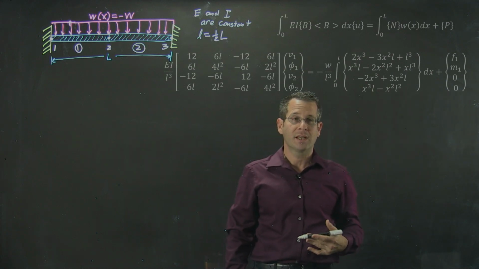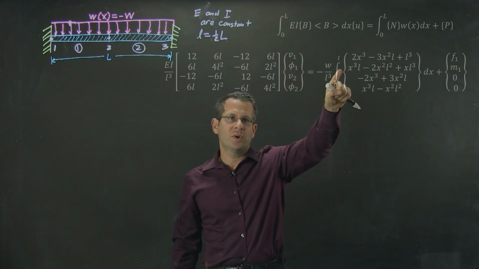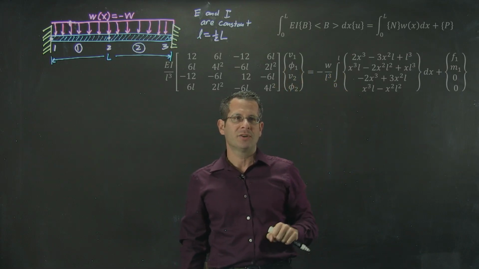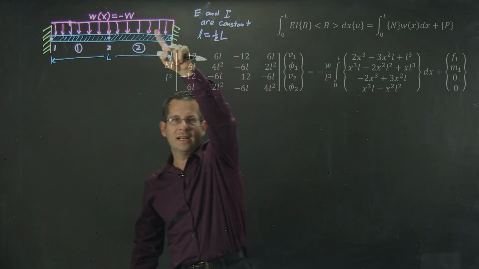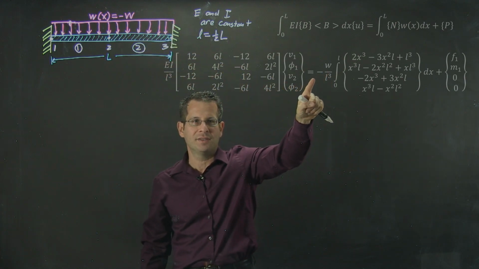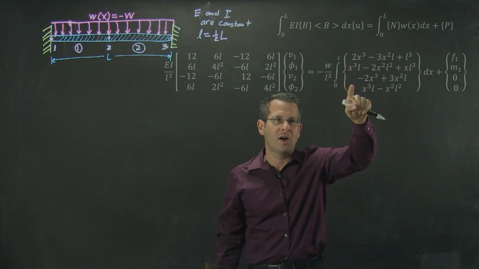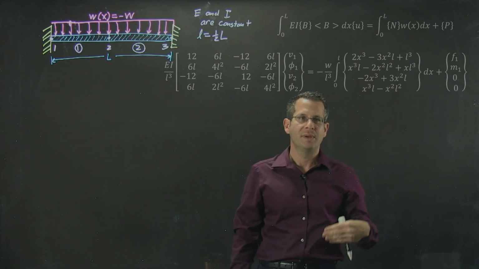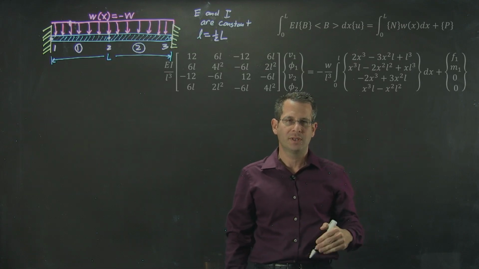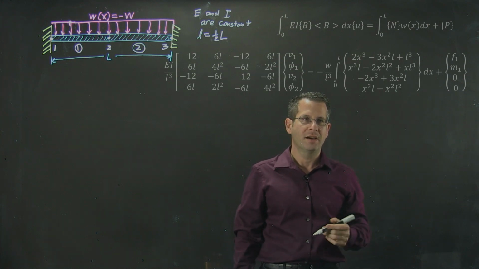In this particular problem, my distributed load, which would normally be inside this integral, was a constant, so I could move it outside. And remember, it was negative W, which is why I have a negative sign here now. Again, also notice that all of my shape functions are now defined in terms of lowercase l because that L that showed up in those shape functions was the length of the beam.